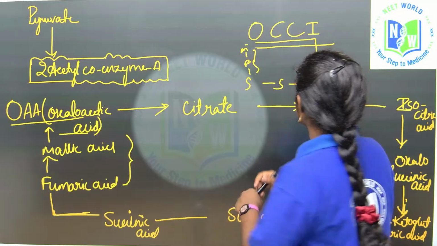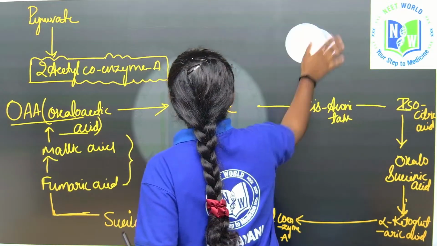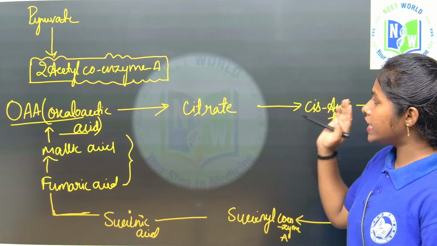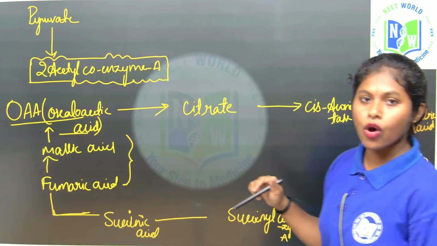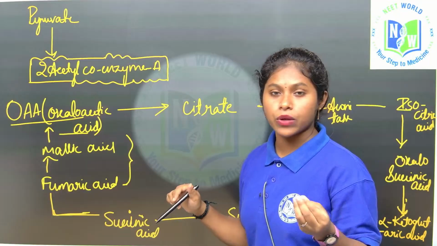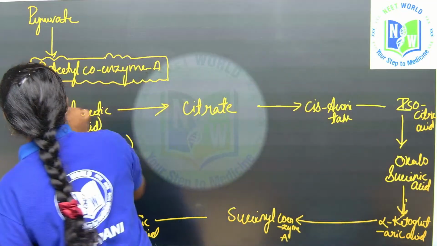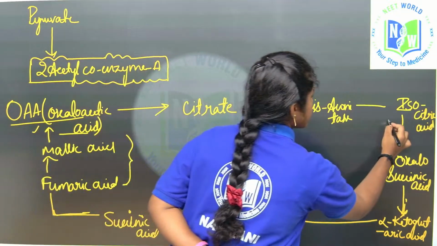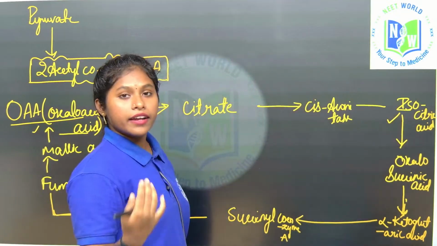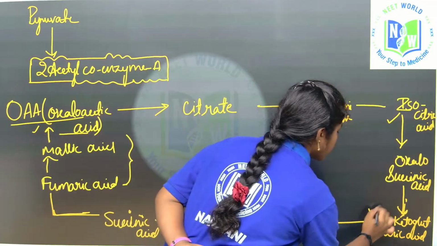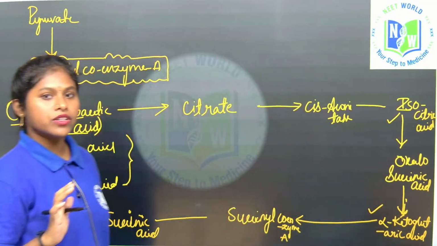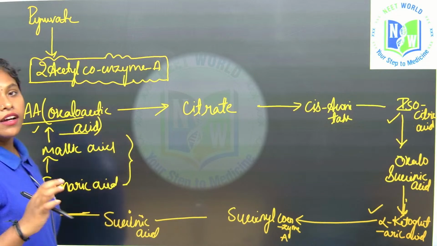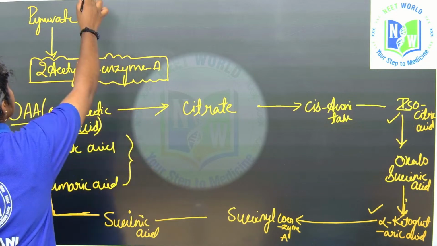Remember like this. So see here, which means here I have drawn the 4 corners, right? In these 4 corners there is a release of reducing equivalents. In oxaloacetic acid, isocitric acid, and alpha ketoglutaric acid, and also here, reducing equivalents are produced. Let's see one by one.